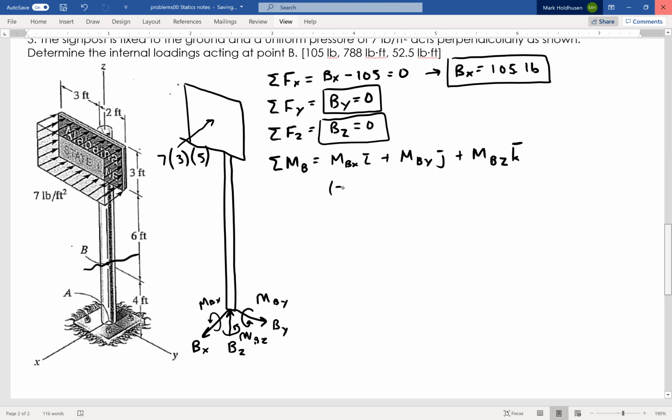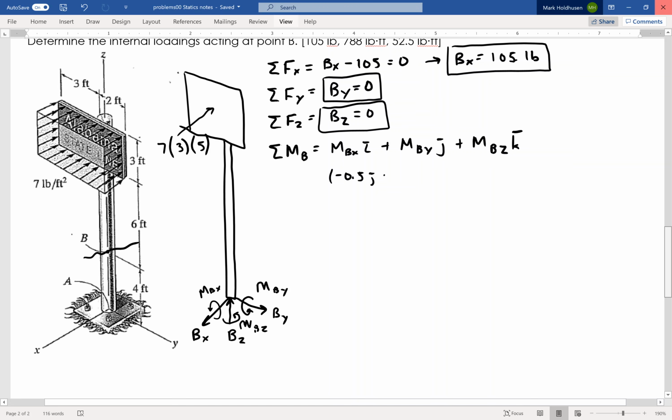And then I move up 6 feet to the bottom of the sign, and then another 1.5 to the center of that sign. So that's plus 7.5 in the k direction. Then I'm going to cross that with the force, which is in the negative x direction, so negative 105 i.